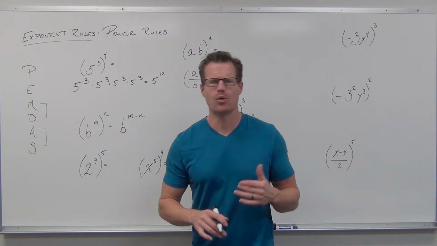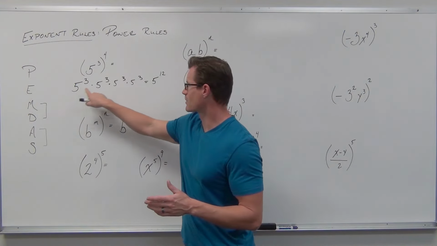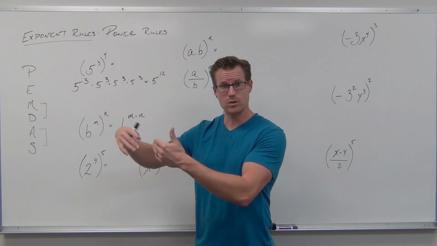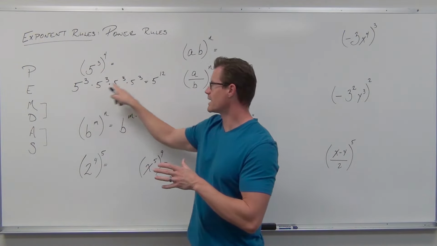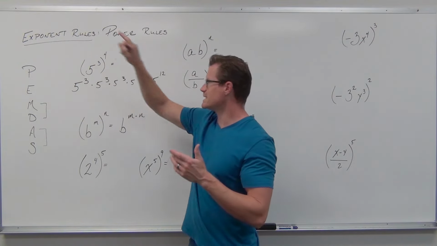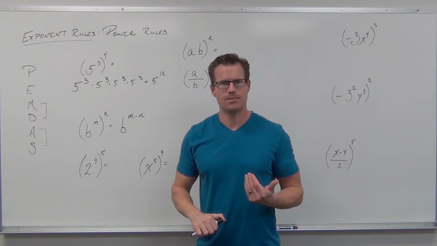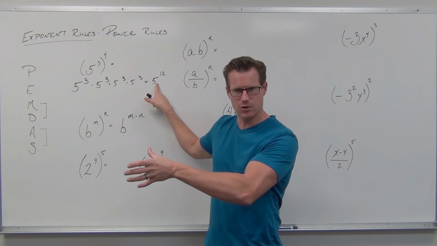Now notice something, this is important. Your base doesn't change. Your base is inherently taken care of when you actually do the operation. So with 5 to the third to the fourth, you're still going to have 5. You don't go, well, now I've got 20 to the 12th. That's crazy. Exponents inherently multiply that base over and over again.